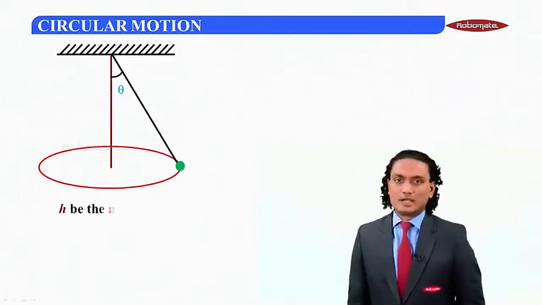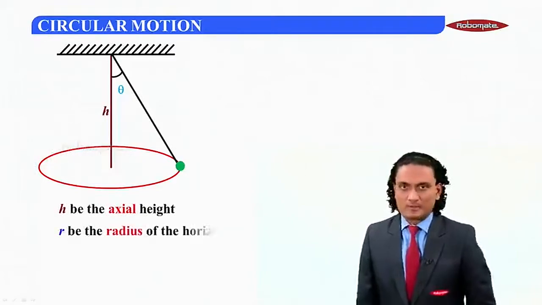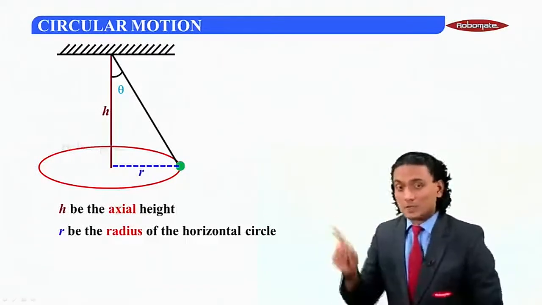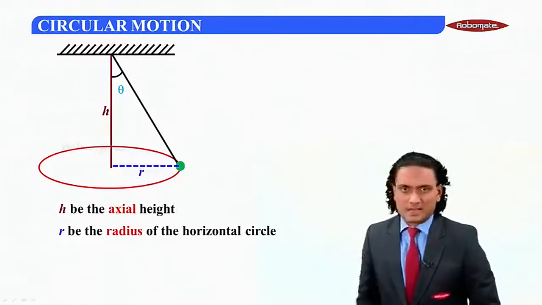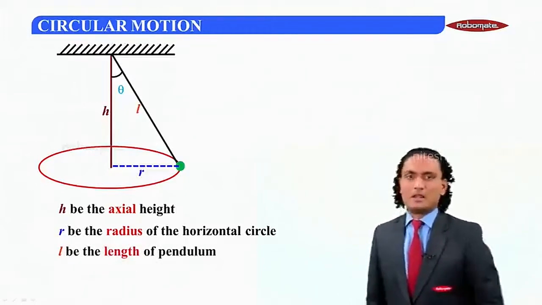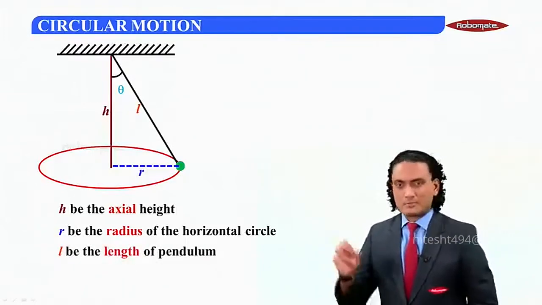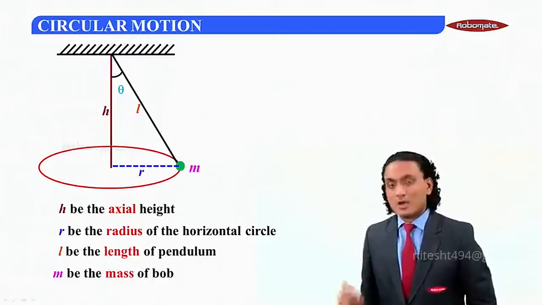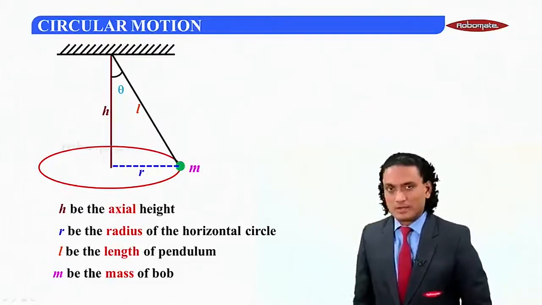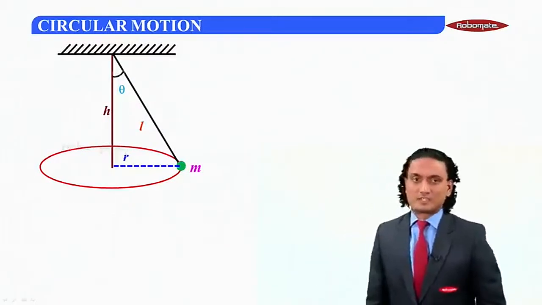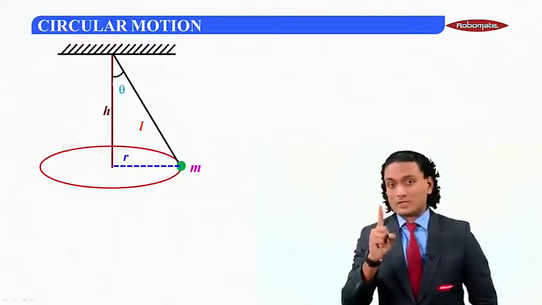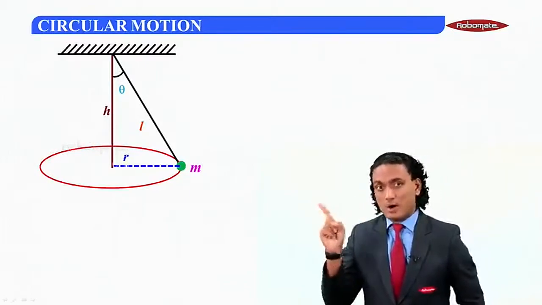Now let h be the axial height of the pendulum, r be the radius of the horizontal circle described by the bob, and let l be the length of the pendulum. Is that clear? Now, m is the mass of the bob. Now we have to derive an expression for linear velocity and angular velocity of the bob of the conical pendulum.